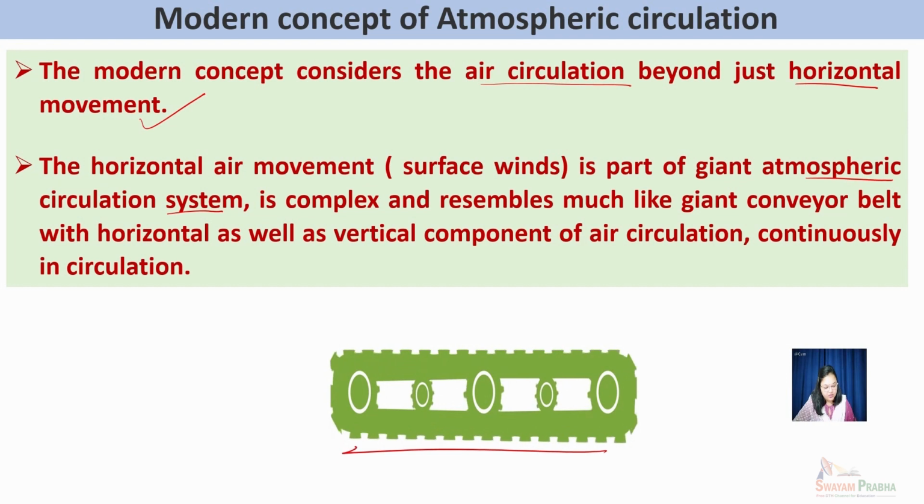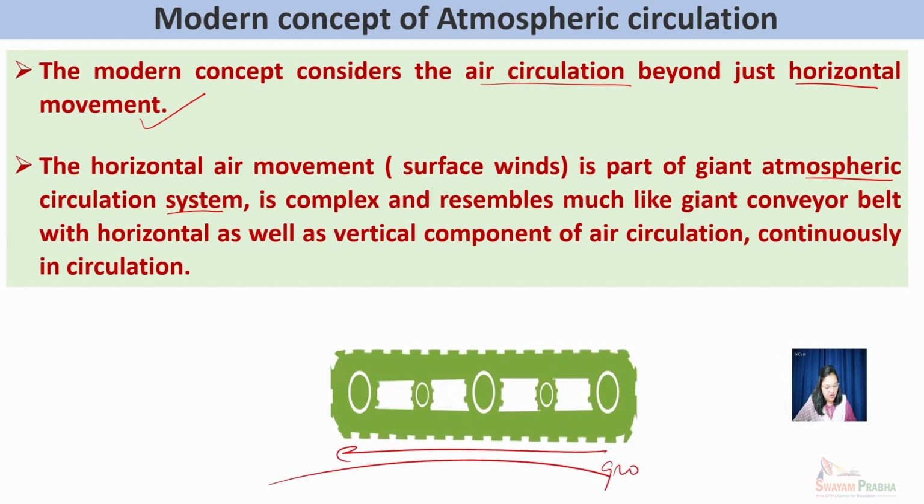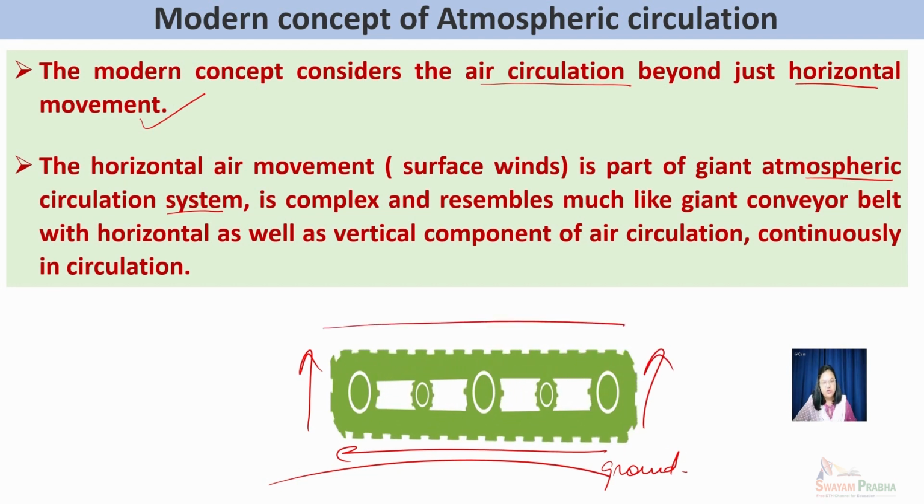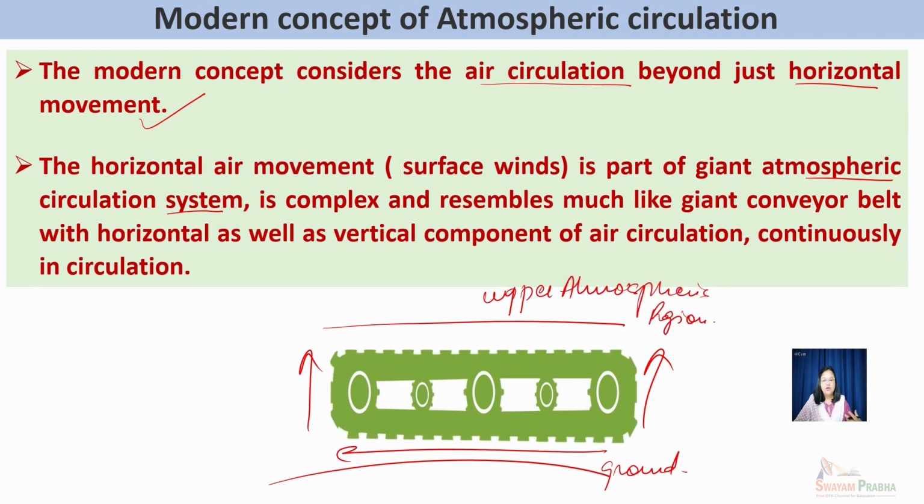So you have a horizontal component at the ground surface, and then you have the vertical component, and again you have the horizontal component at the upper atmospheric region. So our atmospheric circulation today is much like this conveyor belt, which is continuously in motion, transferring energy not only from one latitude to the other latitude, but also in the upper atmospheric region.